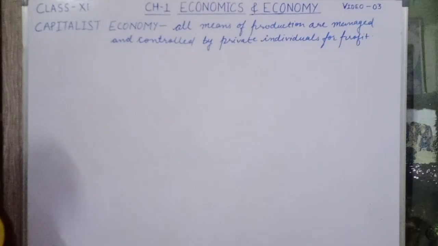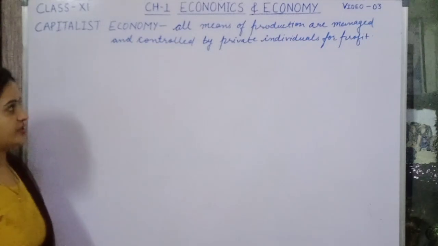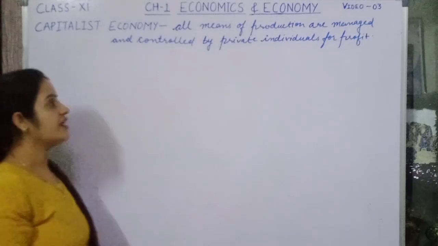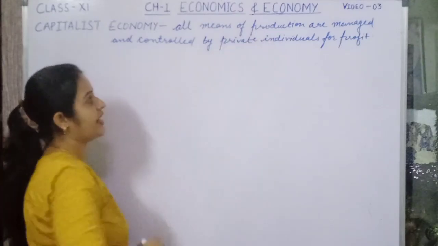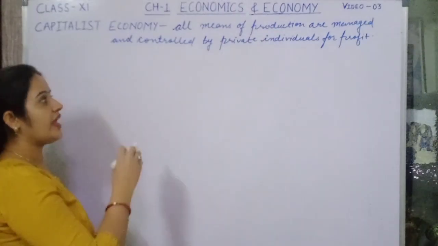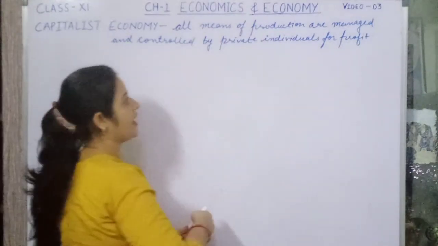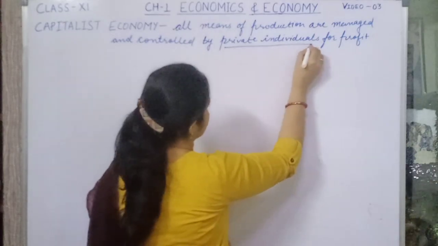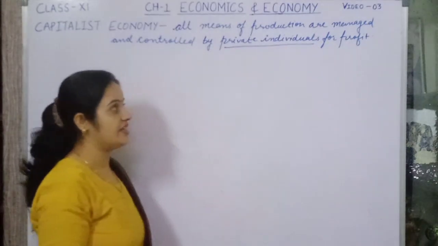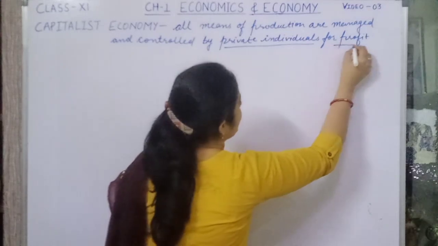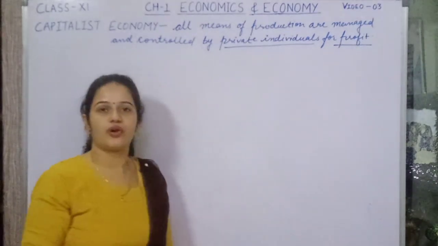So there are two key points used. First is private individuals. That means in this economy, everything is managed by private individuals. And second is the main objective is profit.